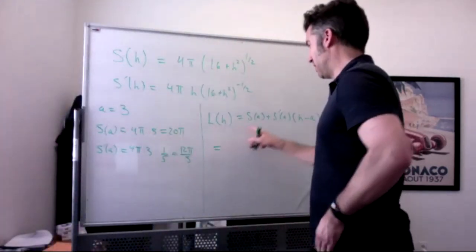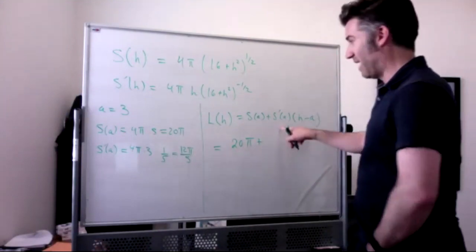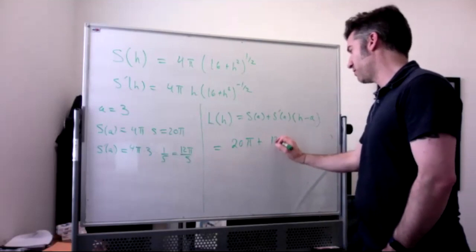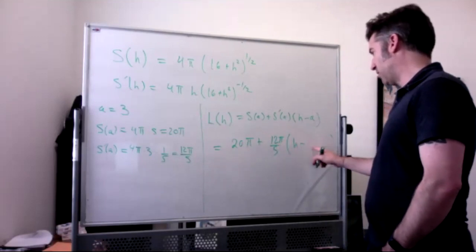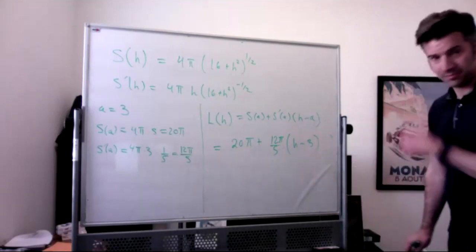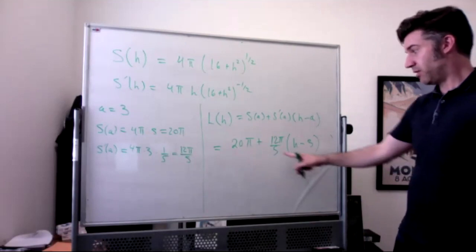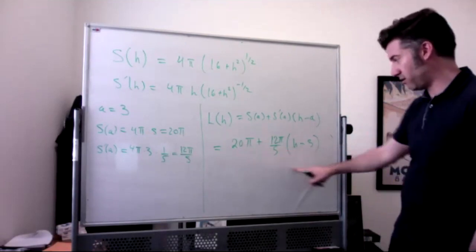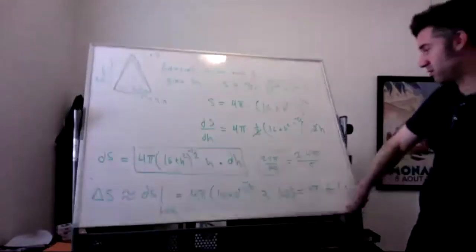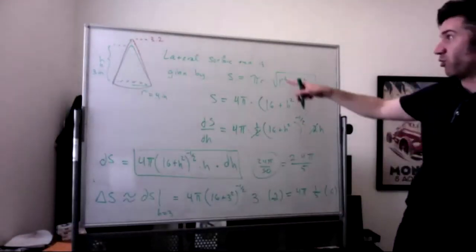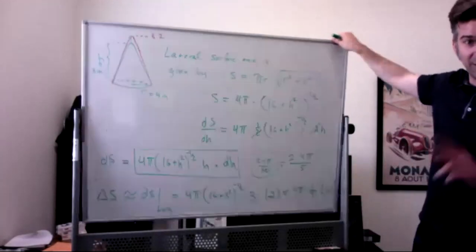That's going to be S of A, which is 20 pi, plus S prime of A, which is 12 pi over 5, times h minus a, which is 3. This is my linearization. This part right here is my dy for any value of h. And I'm going to end up plugging in h equal to 3.2.